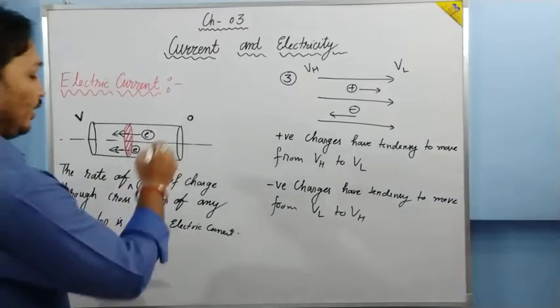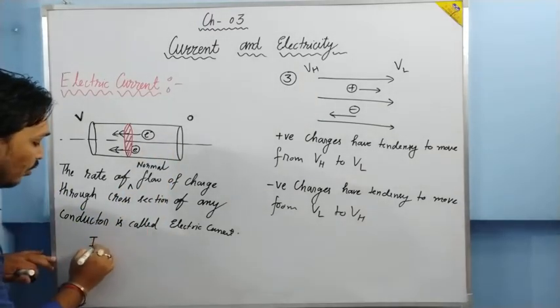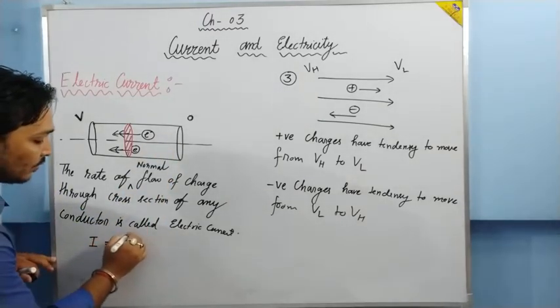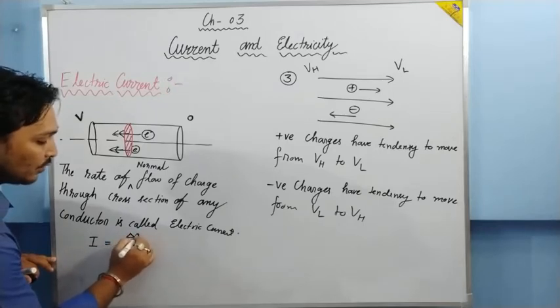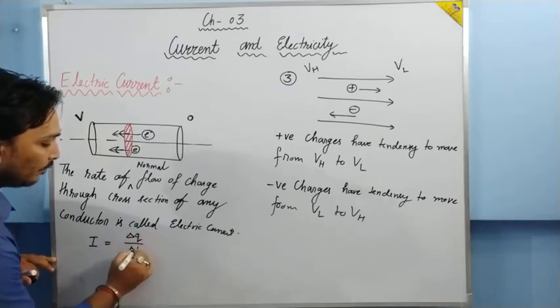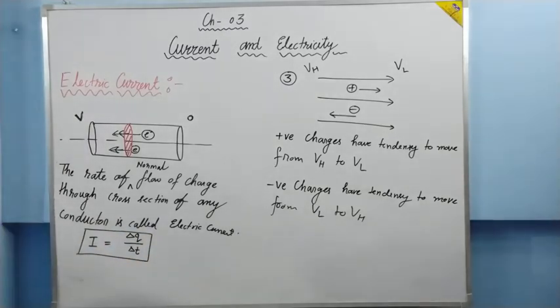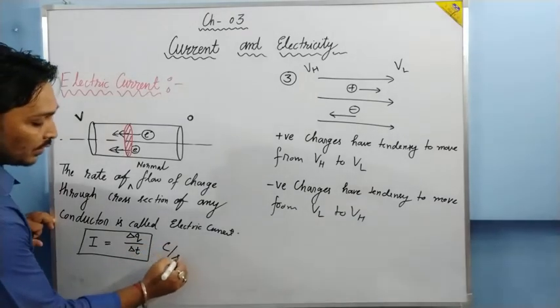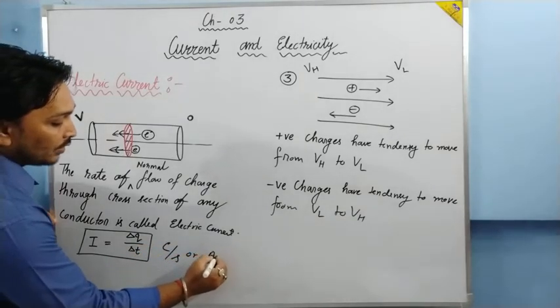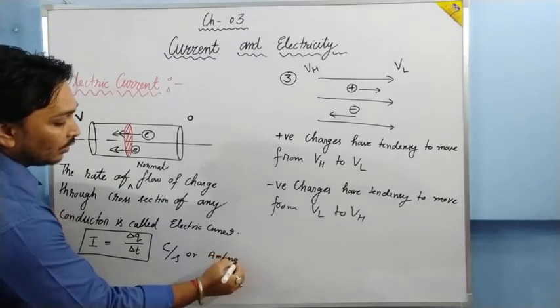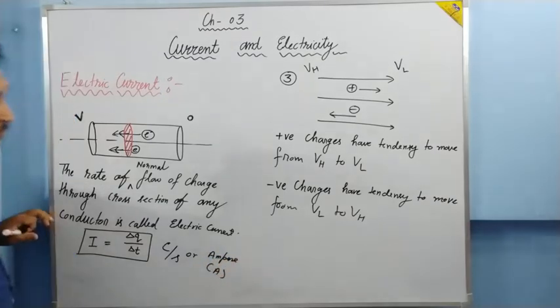We denote it by capital I or small i, and it is given as: if delta Q amount of charge is flowing in time delta T, the formula is I equals delta Q by delta T. What should be its unit? Its unit should be Coulomb per second, or the most popular unit is ampere, denoted by capital A.